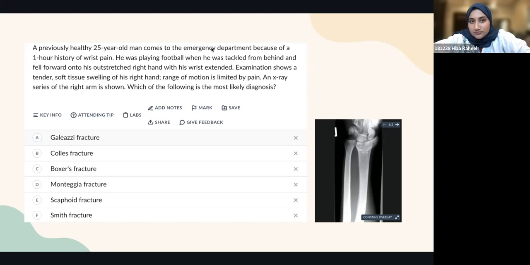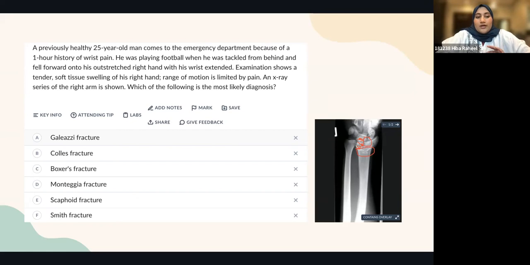I'm going to point it. This is one fracture. And then there is also this fracture right here. Here, this is the fracture. So there are actually two bones that are being fractured. It's the distal radius of this part, and there's also the scaphoid bone that is being fractured here.